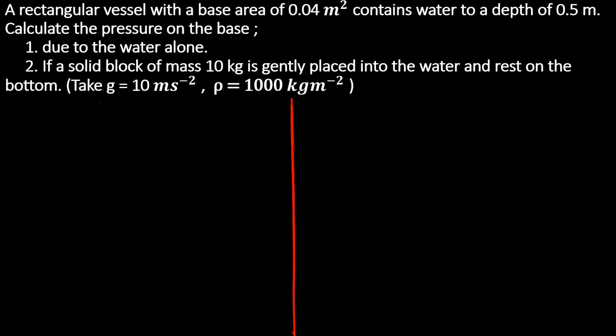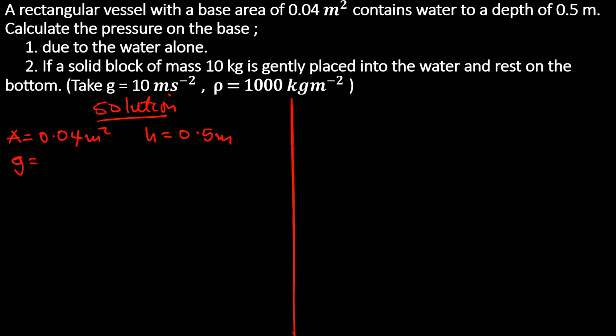Okay, let's solve it. So we have our solution. The area of the vessel was given to be 0.04 meters squared. And the depth of the water, that's the height of the water, which is h, was given to be 0.5 meters.